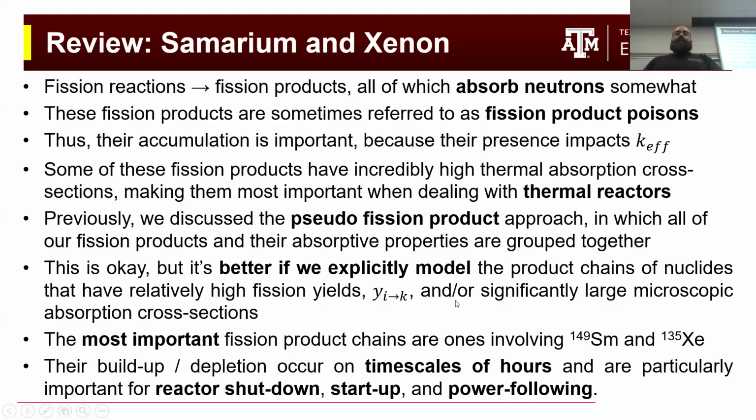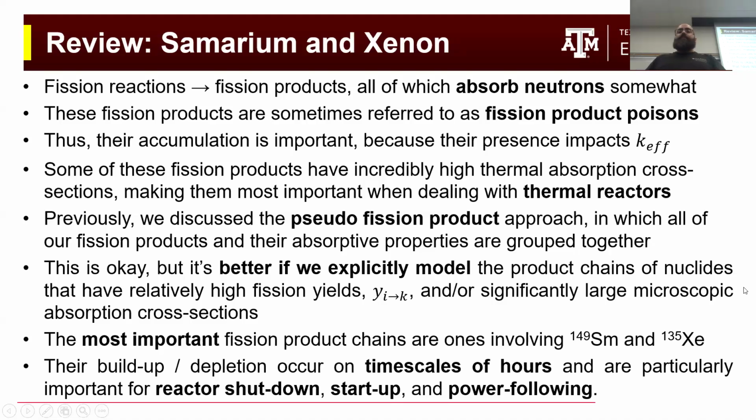But some of our individual fission products have such outsized cross sections that it's probably better that we explicitly model them by themselves versus lumping them in with the pseudo fission products. The ones with the largest absorption cross sections are the ones we need to explicitly model. And for us, the main two that we're concerned with are Samarium 149 and Xenon 135.